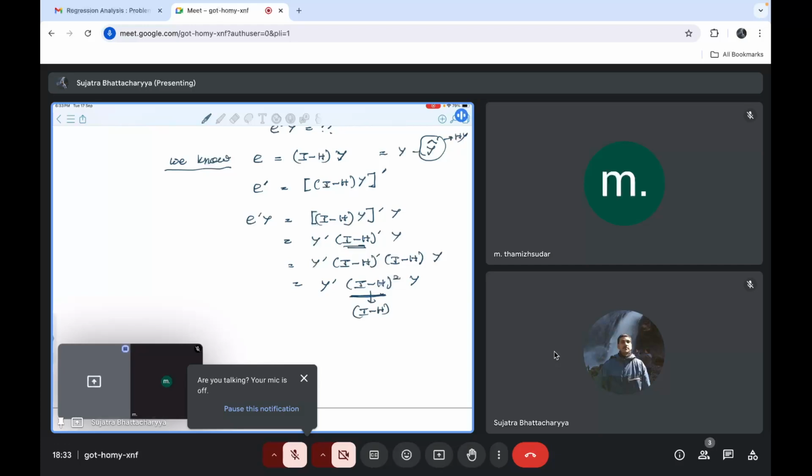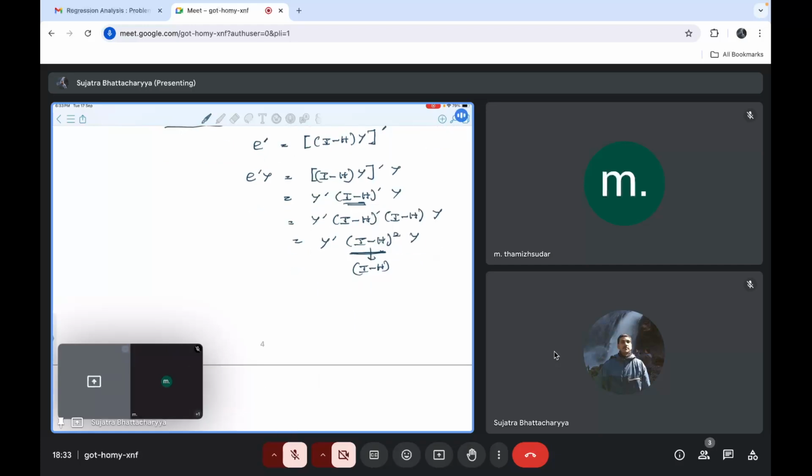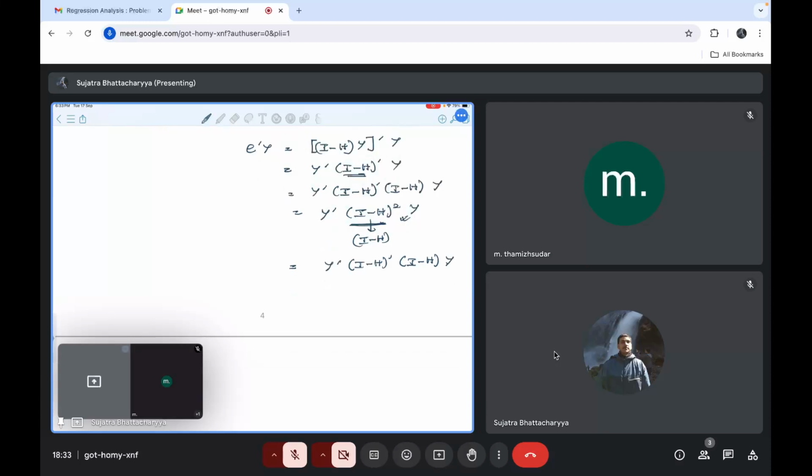That's why you can multiply here; otherwise, you cannot. I made this step intentionally to show the idempotent property. Finally, you get this is e dash and this is e. So e dash y is nothing but this.